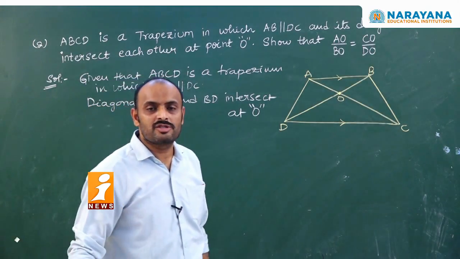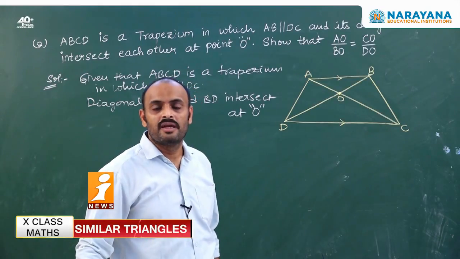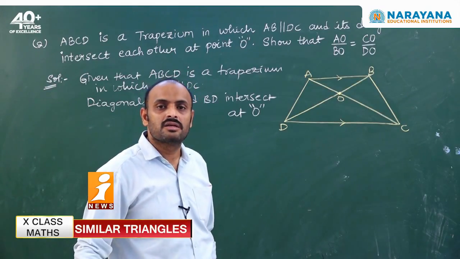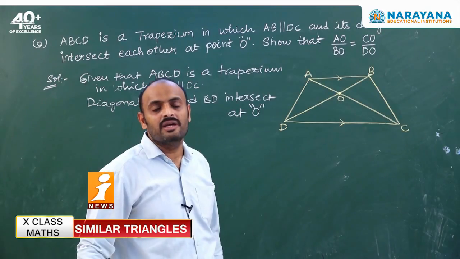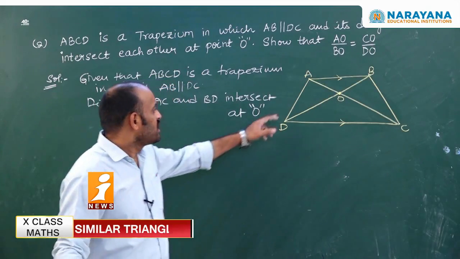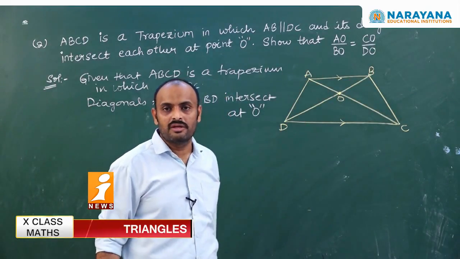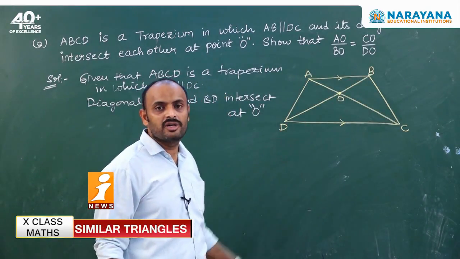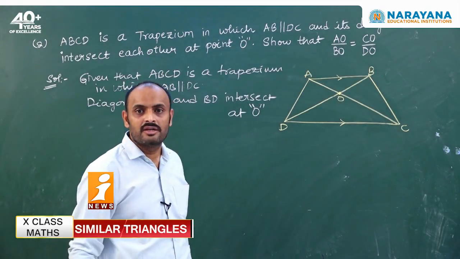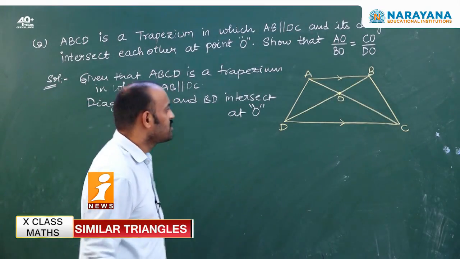If at all you want to use basic proportionality theorem, we can use it for triangles. In triangles, two sides should be parallel. So if I consider triangle ADB, where is the parallel line to AB? There is no parallel line. So what I do is, let us draw a parallel line through O to AB.